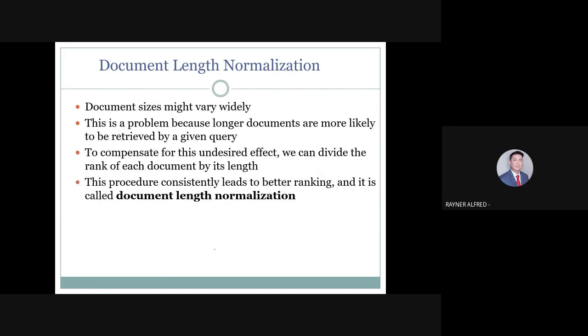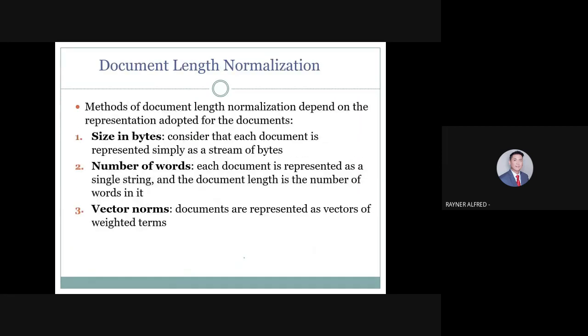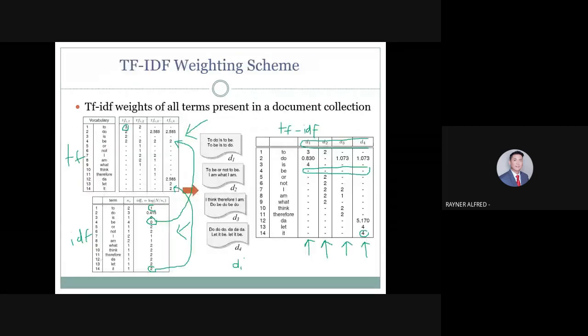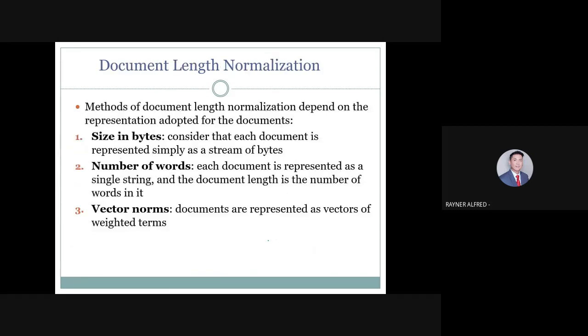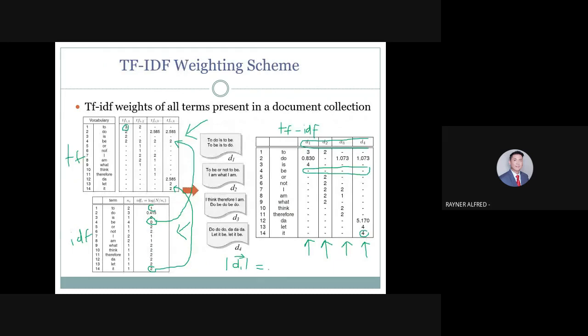For instance, the length of the vector D1 will be, we simply use this formula: take the summation of all the squares of the weightage and take the square root.